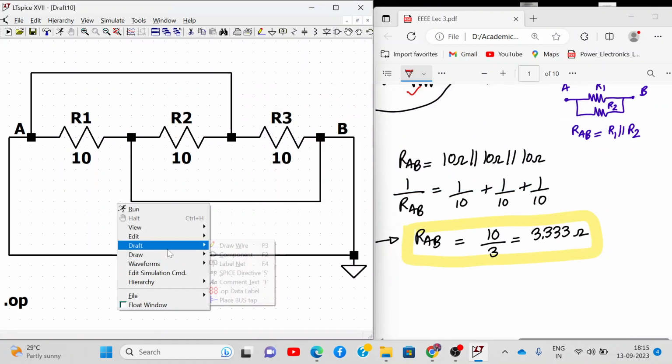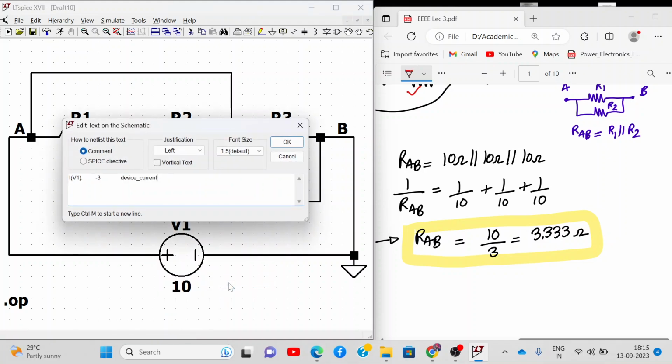So let me go to draft, comment. So this is my value of current, right? Now I'll press Ctrl M to go to the new line. Then I'll write RAB equal to R equal to voltage divided by current, right? Divided by I of V1.